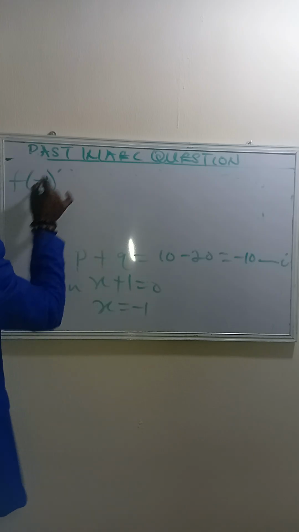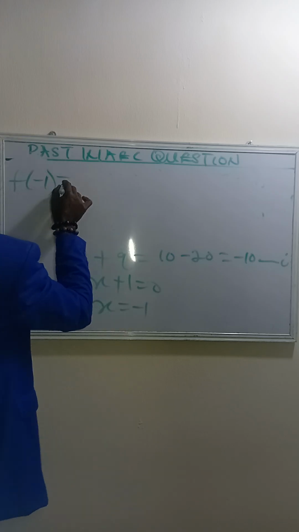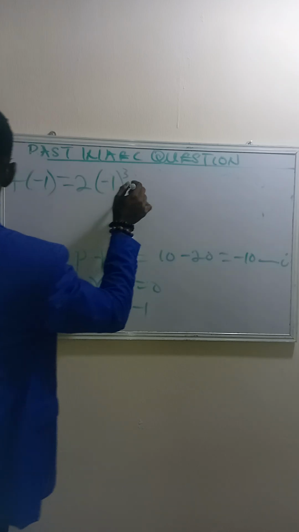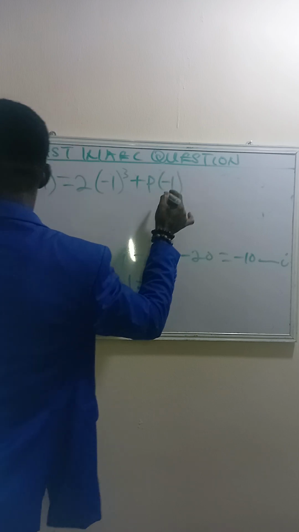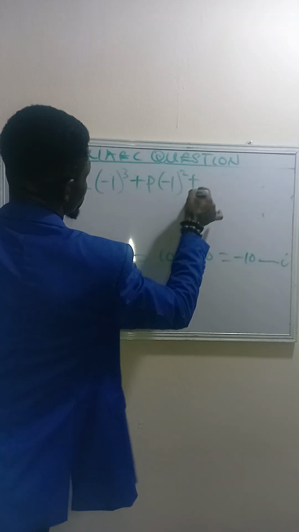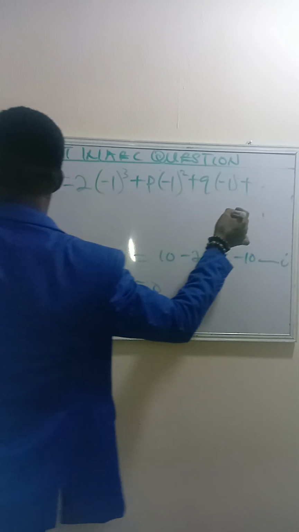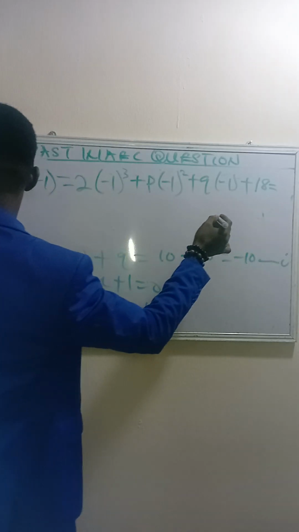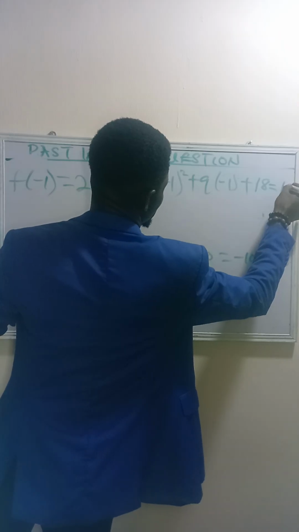We have f of minus 1 equals 2 bracket minus 1 raised to power 3, plus p bracket minus 1 raised to power 2, plus q bracket minus 1, plus 18. And the remainder here is given as 12.